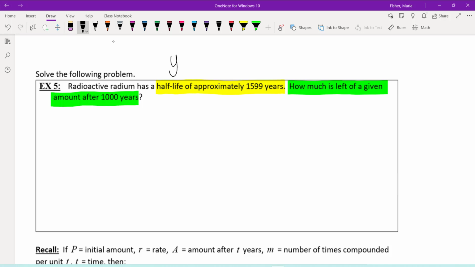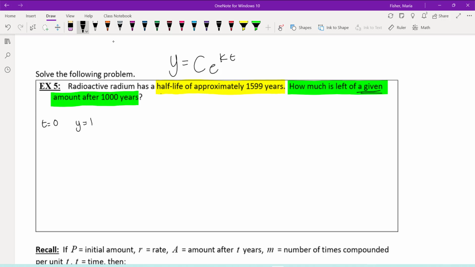This is decay. This is going to be y equals c e to the kt. Now I'm not given c, I'm not given the initial amount, but I'm also just asked of any given amount. What we know here is that when t is equal to 0, your y would equal 1 because you'd have 1 of whatever it is.